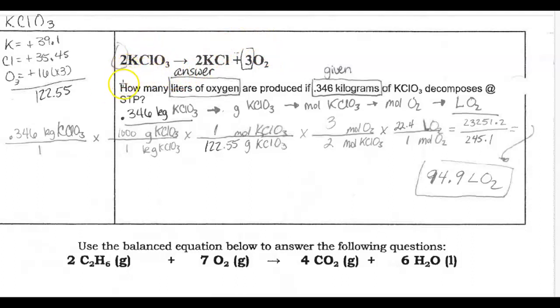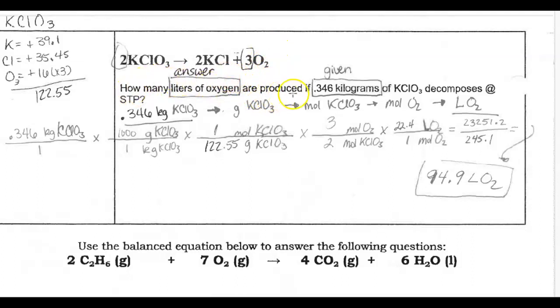Okay, so we have 2 in our balanced equation here: 2 molecules of potassium chlorate decompose and turn into 2 molecules of potassium chloride and 3 molecules of diatomic oxygen, so O2.